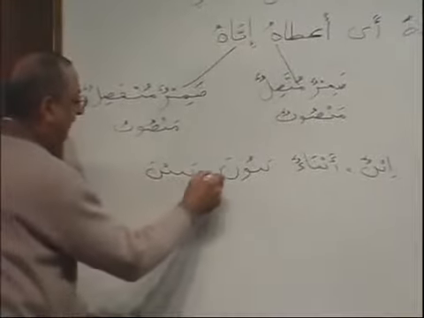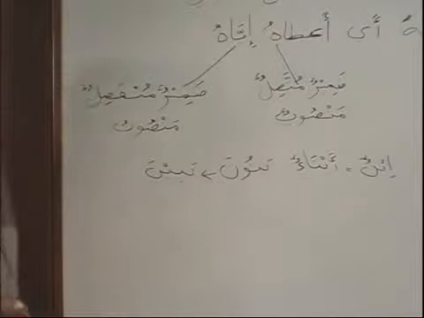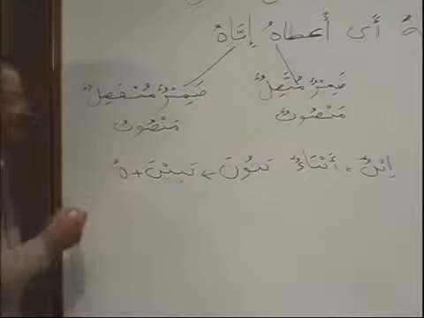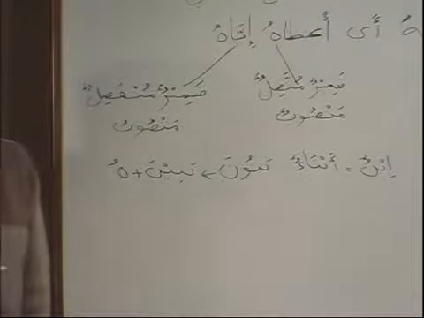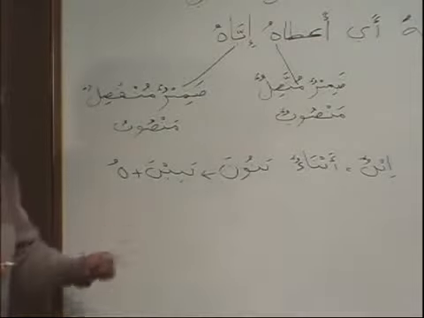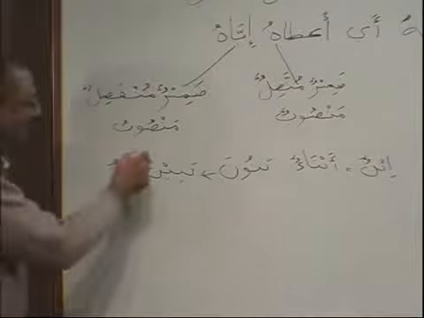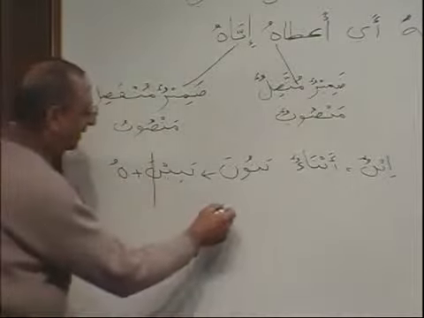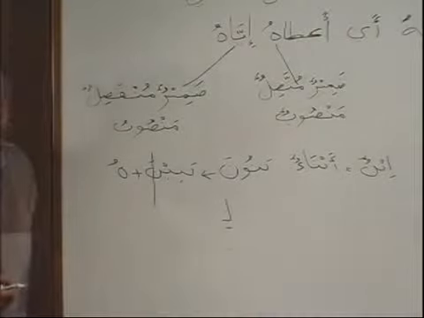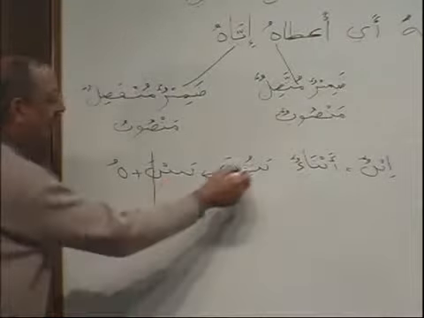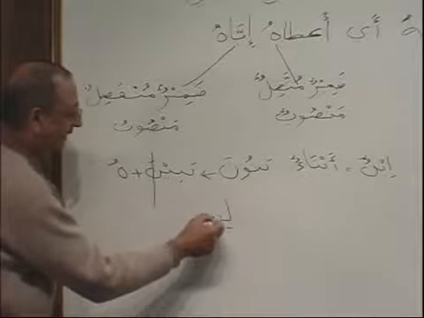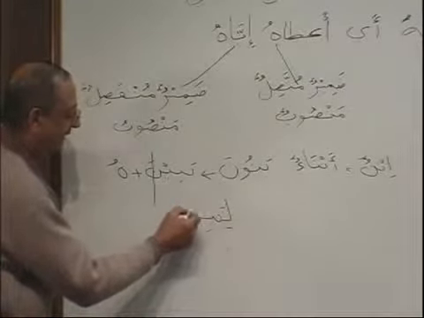It became banina. Now, if you say it as a mudaf ilayhi, then what will happen? So here it is, brother, li, which is a harf jar, which will make banun into banin. Li bani.